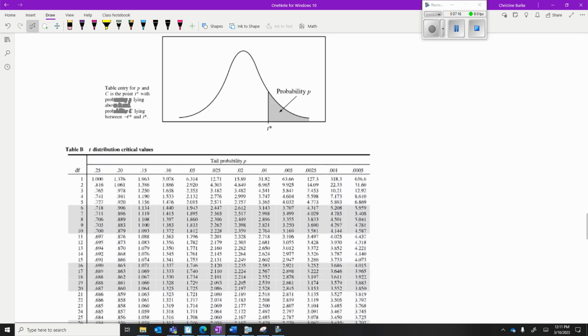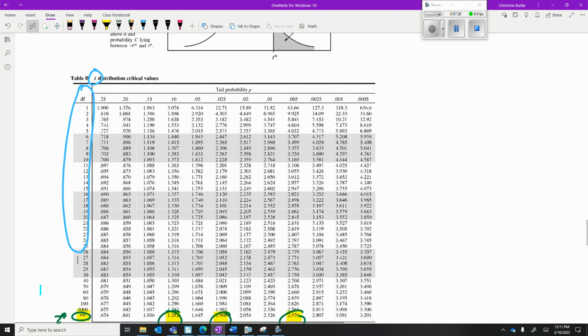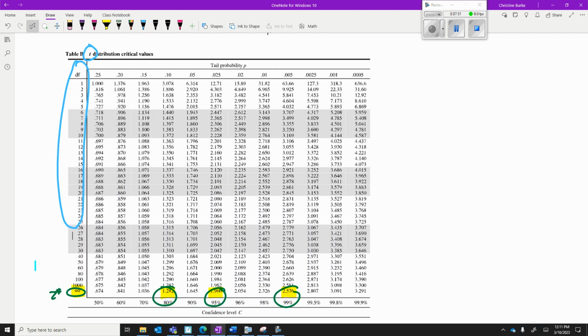But it actually says t distribution, okay? And then what you see on this left-hand column, it says DF. And the DF are the degrees of freedom, okay? So it's slightly structured differently than the Z table. Now, you know that on the bottom, we've been using that last row, and that last row is Z star.